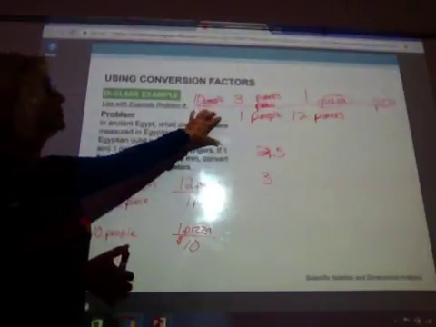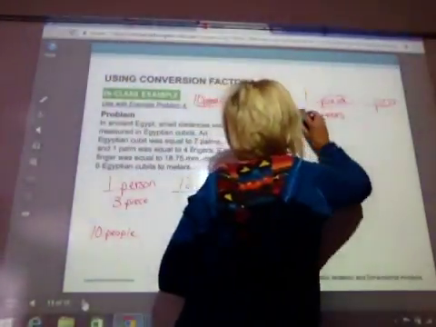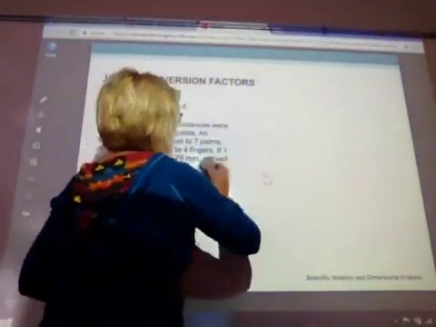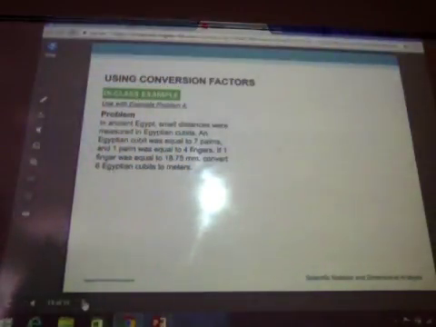So your labels, and I will want to see your work, your labels are very, very important when you set up anything to do with dimensional analysis.